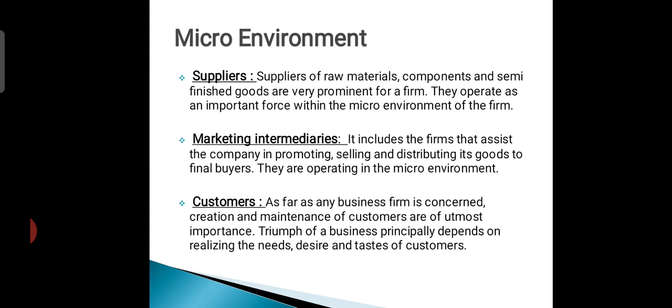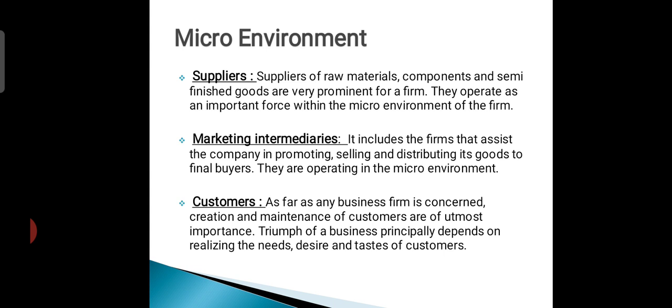For an individual consumer, the main purpose is personal consumption. They are buying our products for personal consumption. But any other organization buys our goods or services for further processing in their organization, or they are using our product in their production as a raw material.